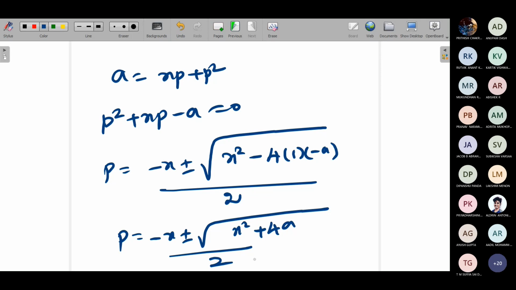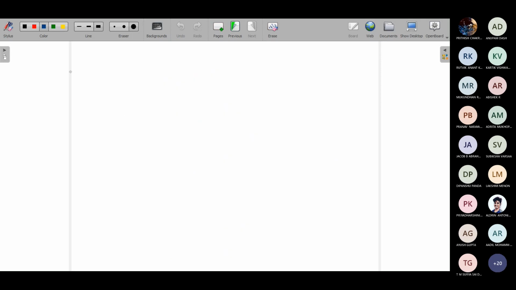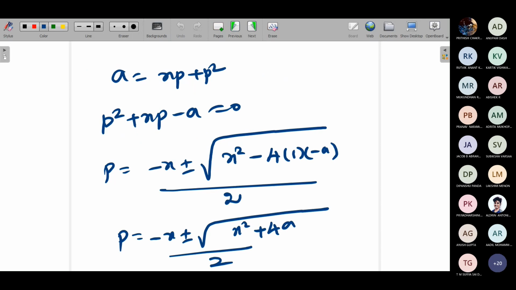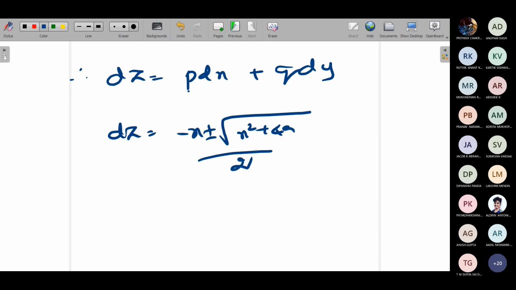Now you have got the value of p, and you know the value of q. Just substitute it. Therefore dz is equal to p dx plus q dy. So dz is equal to minus x plus or minus square root of x square plus 4a, by 2, plus a dy.